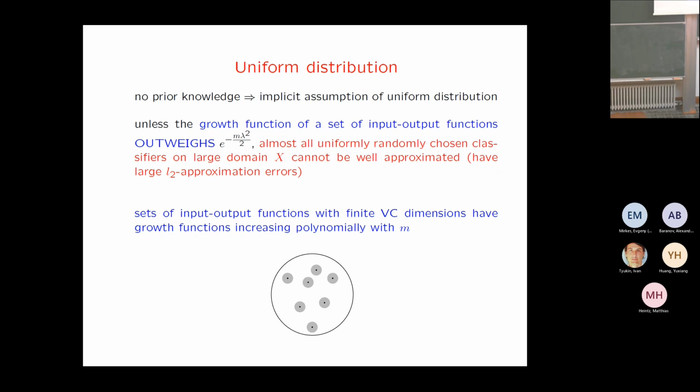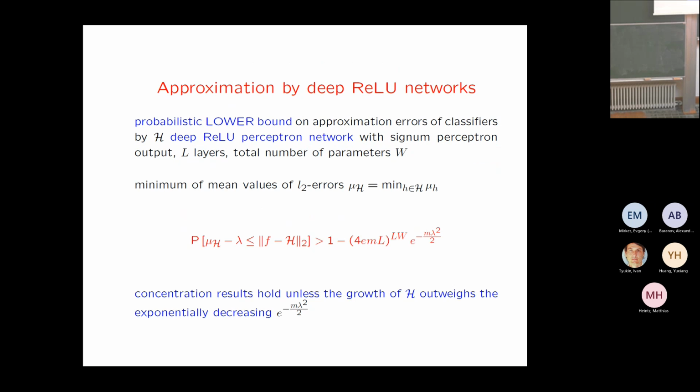In this case, we see that when we have uniform distribution, the minimum over the whole set of all input-output functions of the mean value of L2 distances from this particular function, because they all have the same mean value since it's uniform, there is this kind of symmetry.